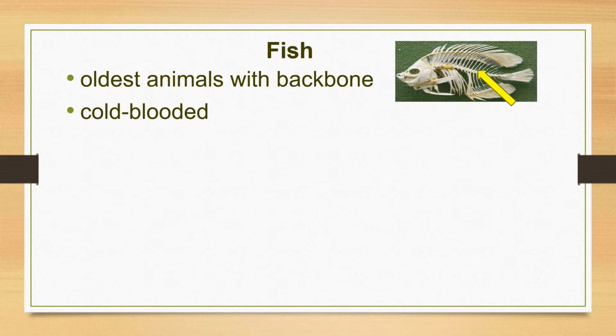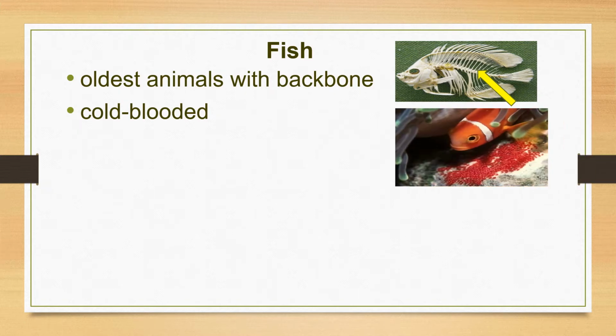These are animals that cannot adjust their body temperature. Let us see some pictures here. Fish also lay eggs. So you can see there the picture of eggs of fish.